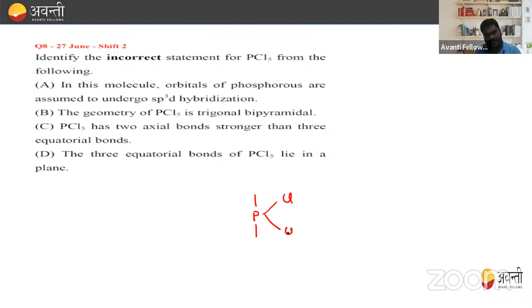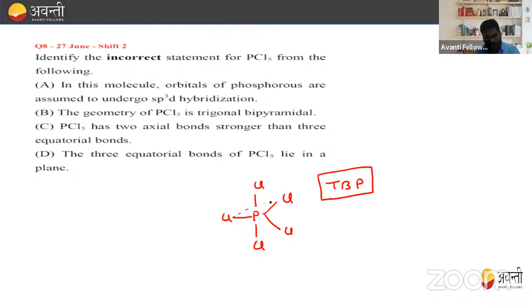This is the PCl5 structure. What is the structure called? It is known as trigonal bipyramidal, that is TBP.